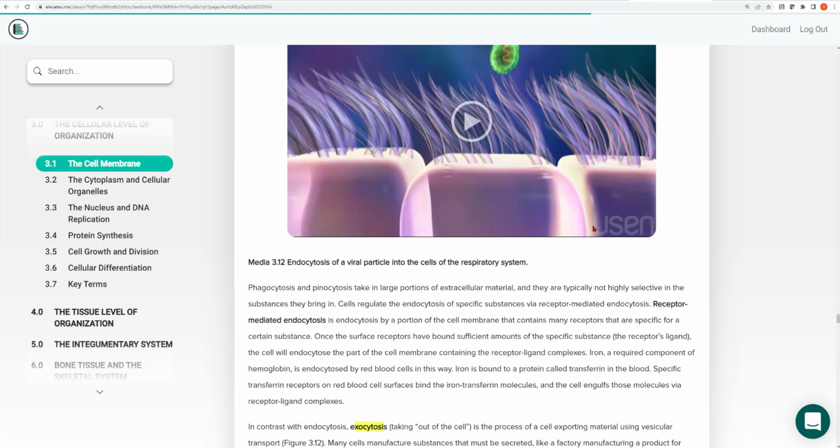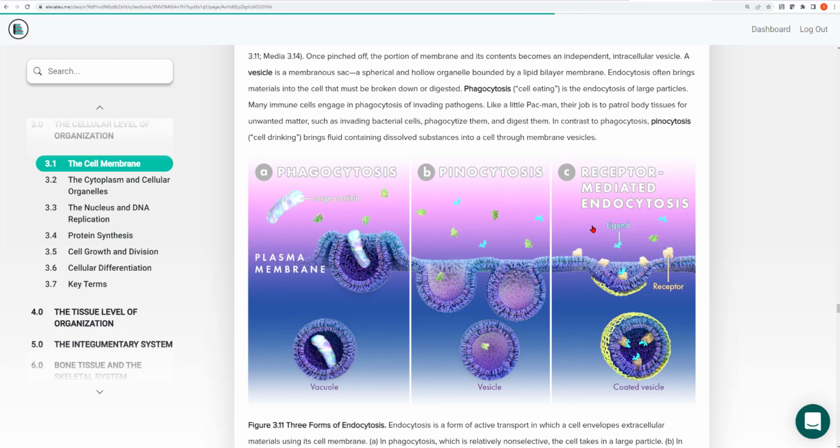Same thing is true in endocytosis, right? Once in pinocytosis and phagocytosis, once these molecules are brought into the cell, what was once the cell membrane, what was once the phospholipid bilayer, now becomes the internal vesicle.